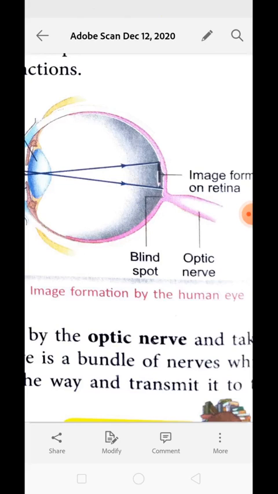The area which is not sensed due to the blind spot of the right eye can be sensed with the help of the left eye. So these two eyes help us see the object clearly without the location of the blind spot. Since the right eye can see whatever lies in the left eye's blind spot, we can see the object clearly.